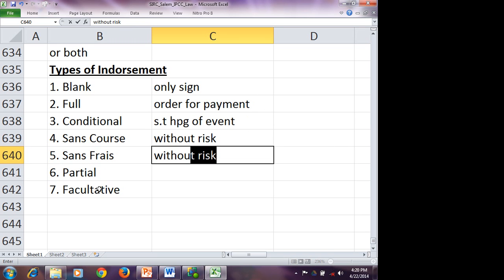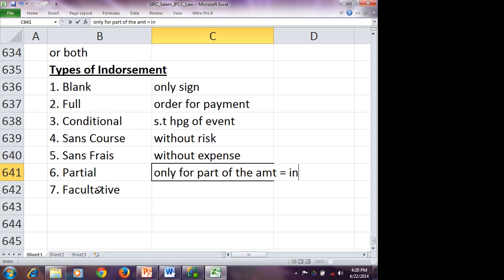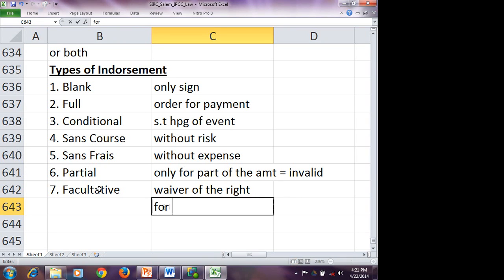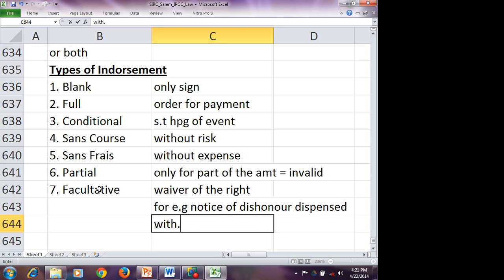Sans frais: without expense, which means the expense has to be borne by the endorsee, that is the transferee. Partial: only for part of the amount. Valid or invalid? Generally invalid, but if it transfers the balance amount, it is valid. Facultative: waiver of the right, for example, notice of dishonor dispensed with. Facultative endorsements.